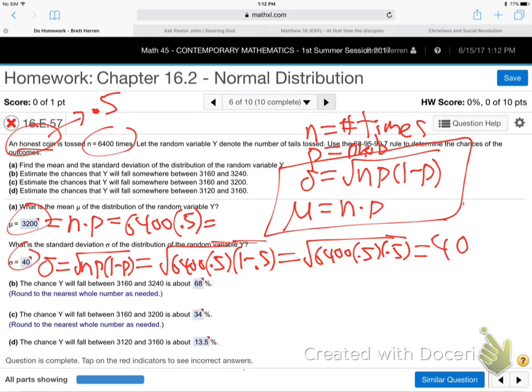If I was rolling a die and I wanted to get a number 2, the chance would be 1 out of 6, wouldn't it? That'd be the probability. So whatever you're trying to do, P is the chance of that. Flipping a coin, getting heads or tails, either one. They're saying tails, I guess. 0.5. Is that coming out okay on your calculators? The square root of 6,400 times 0.5, and then 1 minus 0.5 is just another 0.5, isn't it? 1 take away a half is just a half, right?